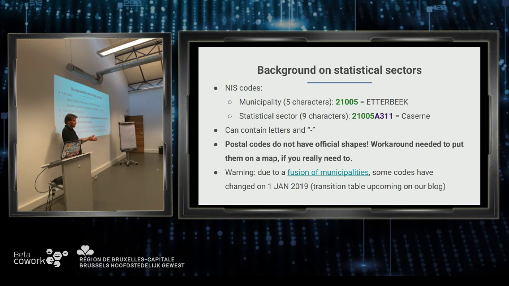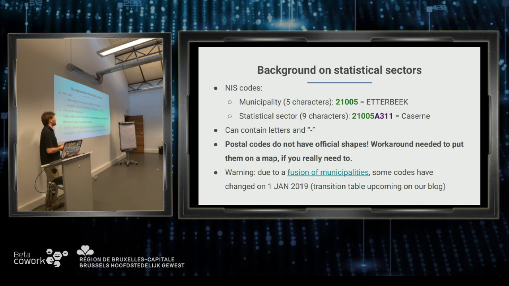So there are no official boundaries for postal codes. You can try to find some on your own by looking at the list of addresses, looking at which addresses are within which postal code, and try to draw shapes on the map, but there is no official shape.